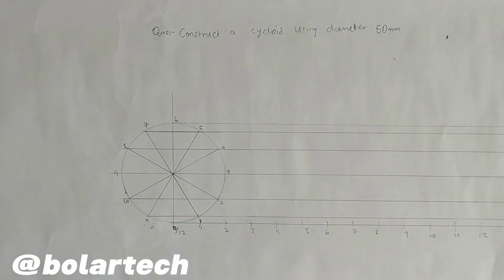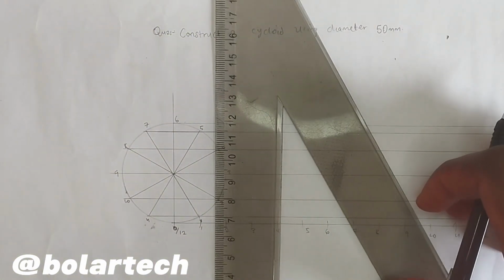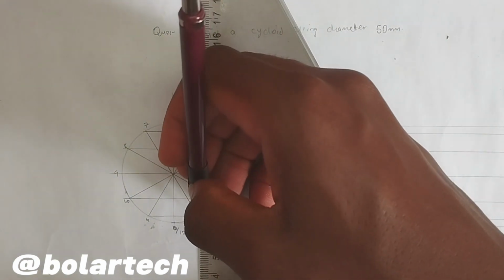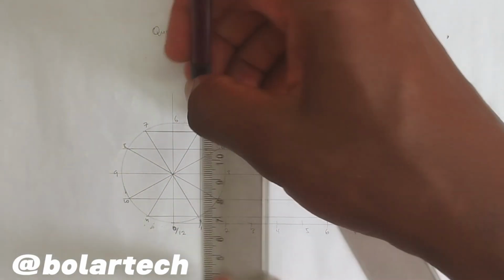So now we are going to be drawing vertical lines from those points we have picked. So from point 1, draw a vertical line up.